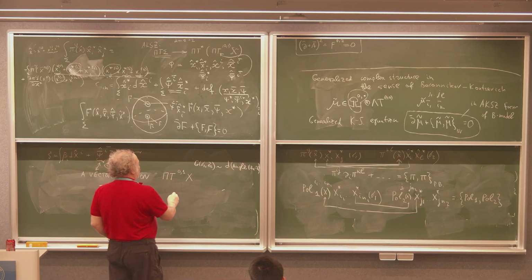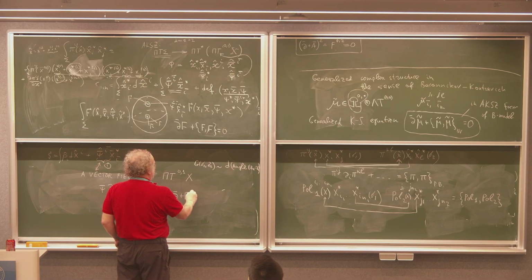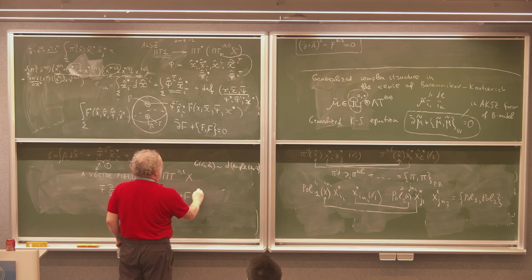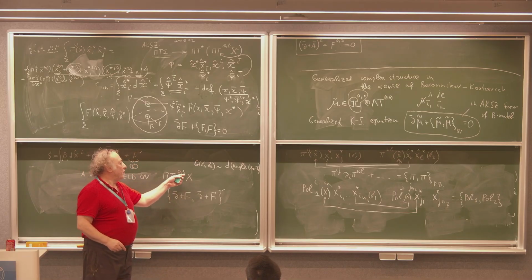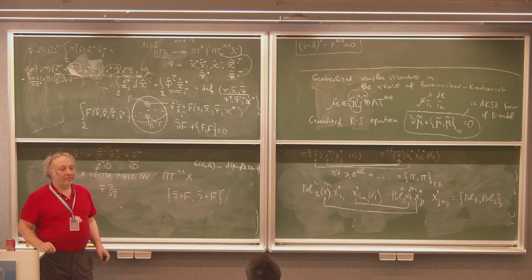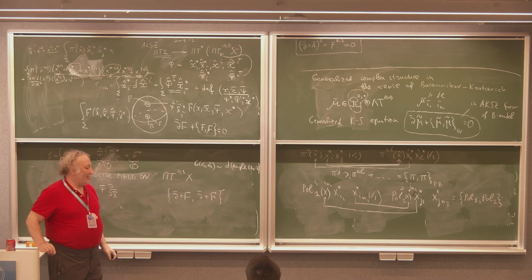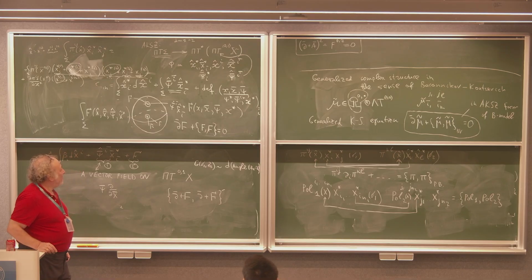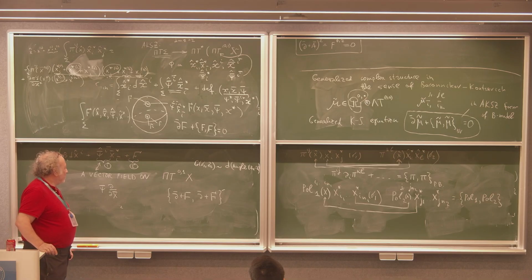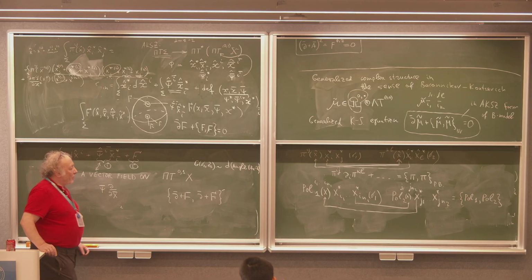Or you can even write it as, where del bar is understood as a vector field on P01 to X. I'm trying to see what should be explained. Probably this should be explained.